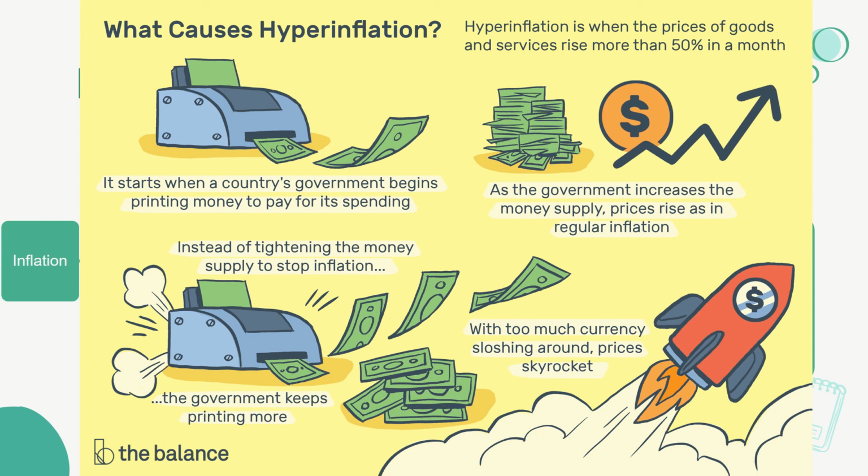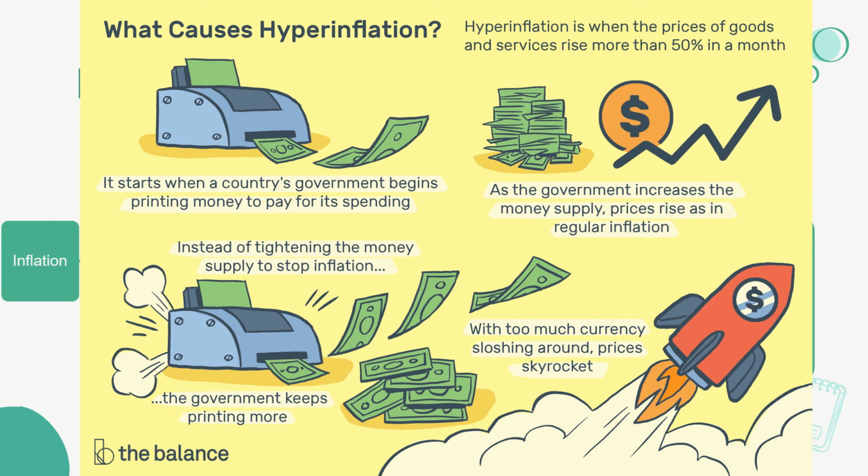Prices rise as in regular inflation. When the chocolate was $20 for one, now the same chocolate is 25. So the prices have increased from 20 to 25.